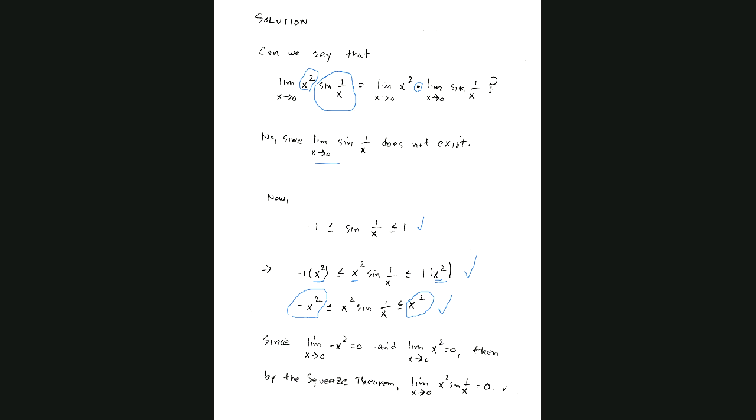We note that x squared times the sine of 1 over x, the function we're interested in, is always between negative x squared and positive x squared for any x. But the limit of negative x squared as x approaches 0 equals 0. And the limit of positive x squared as x approaches 0 equals 0 as well.